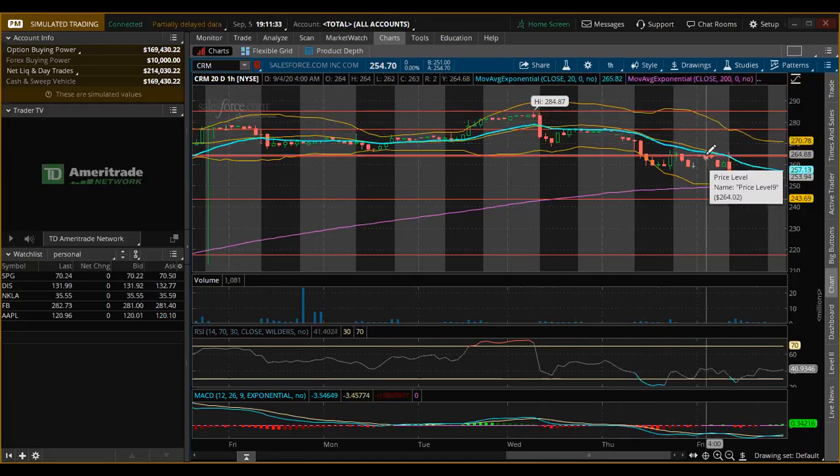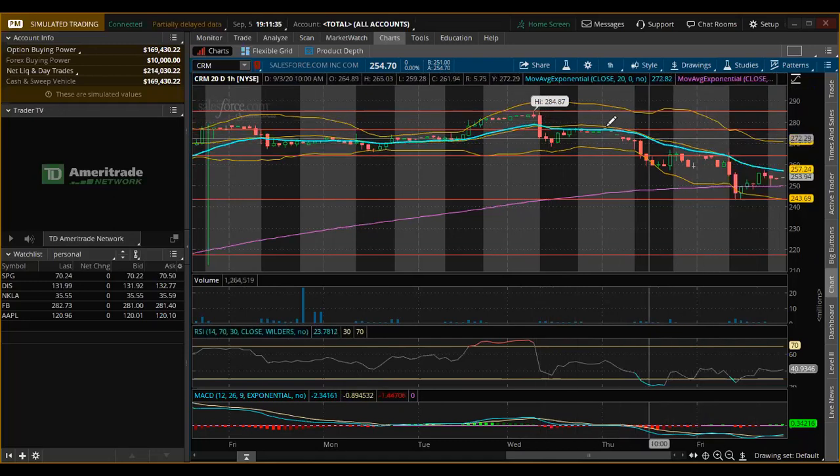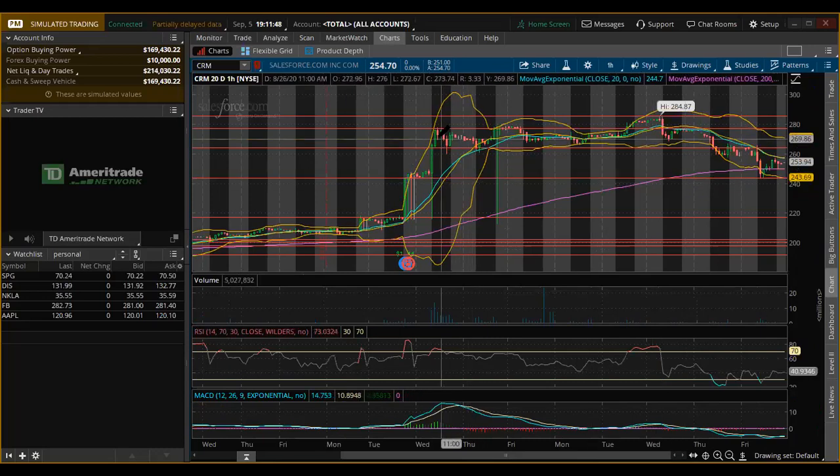I don't mess with puts as much because I feel like if the stock market is supposed to go up, unless it's a big drop... Over here, I would have looked for a sell-off, but obviously it didn't. It went sideways. Since it didn't sell off within these 2 days, I'd have stayed away from it.